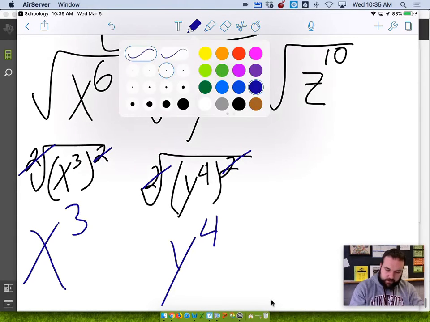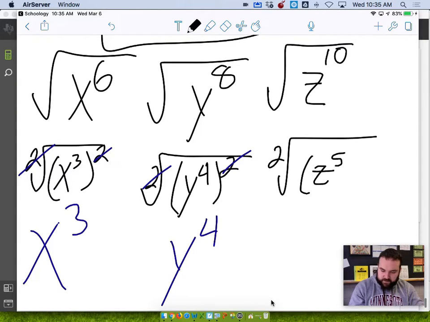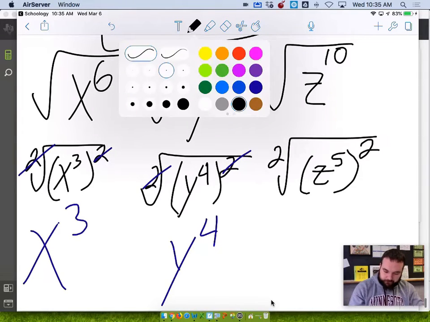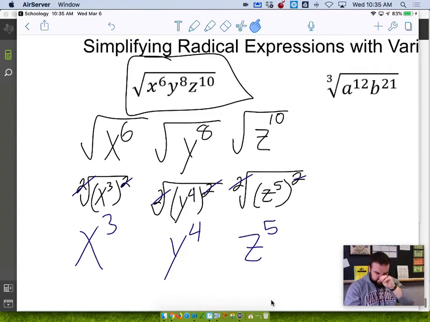And then finally here, the square root of z to the 10th can be written as the square root of z to the 5th, raised to the second power. This then gives me just z to the 5th. But this is where we have to take into consideration: when you square root a number in the calculator, we are looking for the positive number and only the positive number.